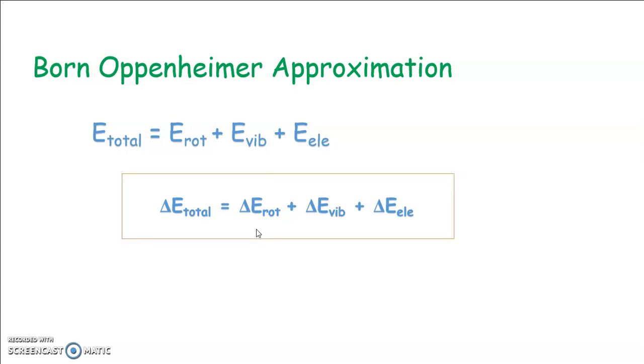As we saw in the introductory lecture, the electronic transition will have higher energy than vibrational, which has much more energy than the rotational transition.